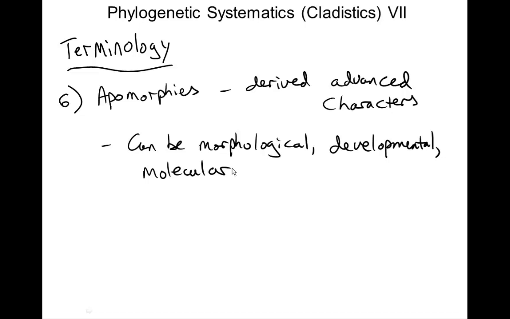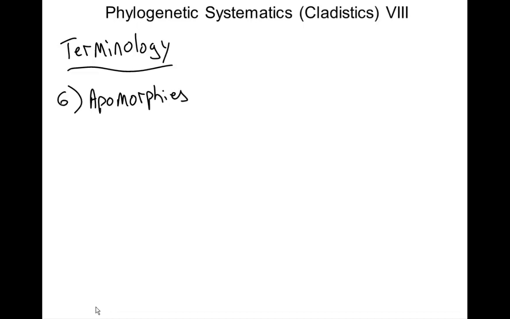And so again, in the original cladogram I drew up, the lowercase a, b, c, d1, d2, d3, and e would be representative examples of apomorphies that were used to construct that cladogram. I also mentioned the term synapomorphy.